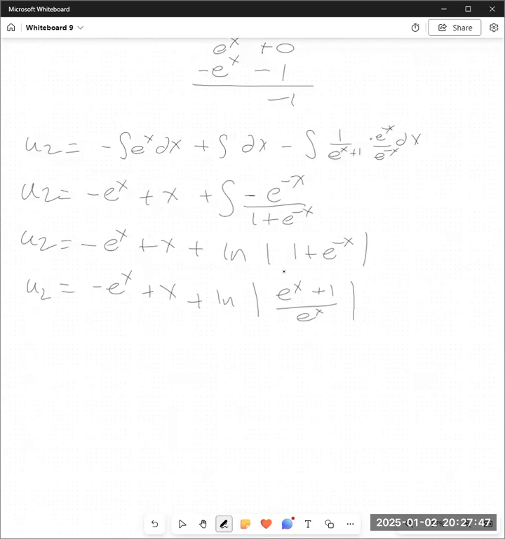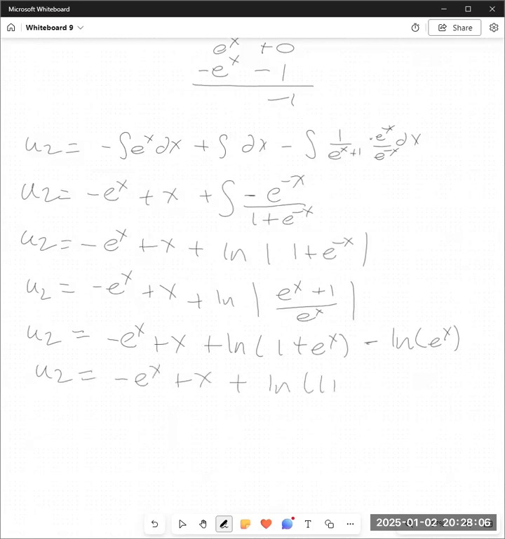Then I'm going to use my log properties here to write this as negative e to the x plus x plus ln of 1 plus e to the x minus ln of e to the x, which is just x. So u2 is negative e to the x plus ln of 1 plus e to the x minus x, and that minus x and that plus x cancel each other out. So this is a negative e to the x plus ln of 1 plus e to the x.